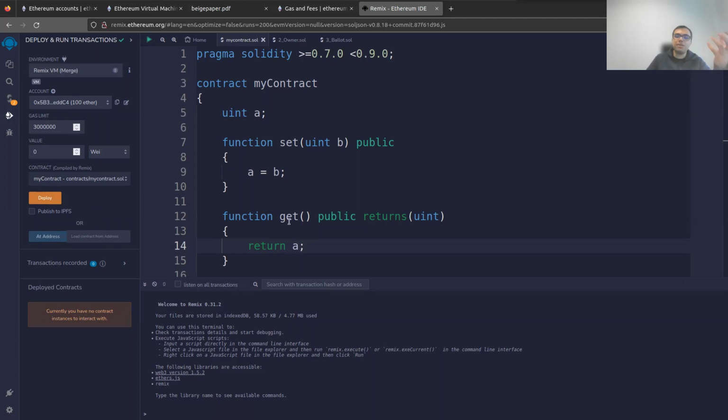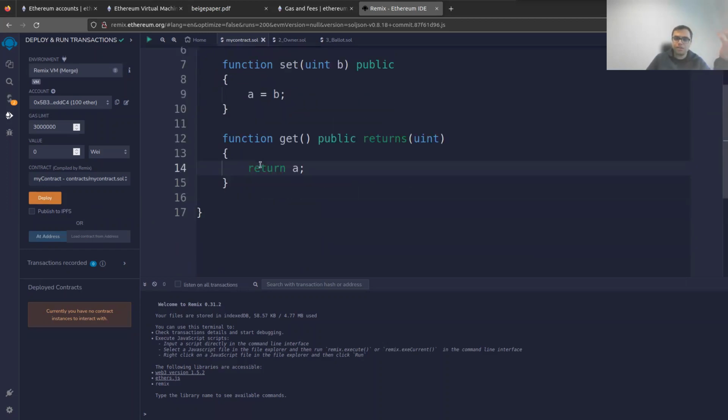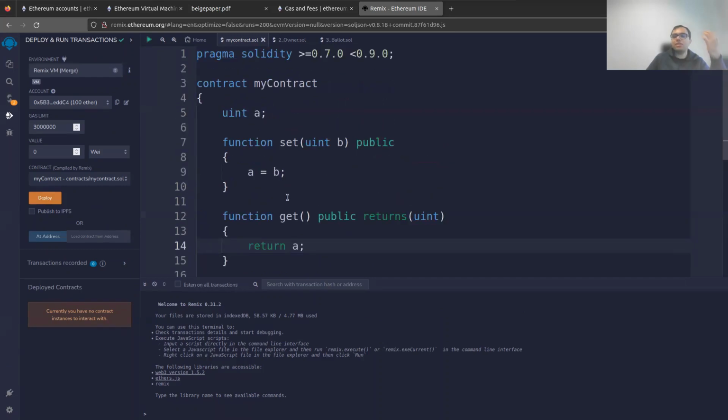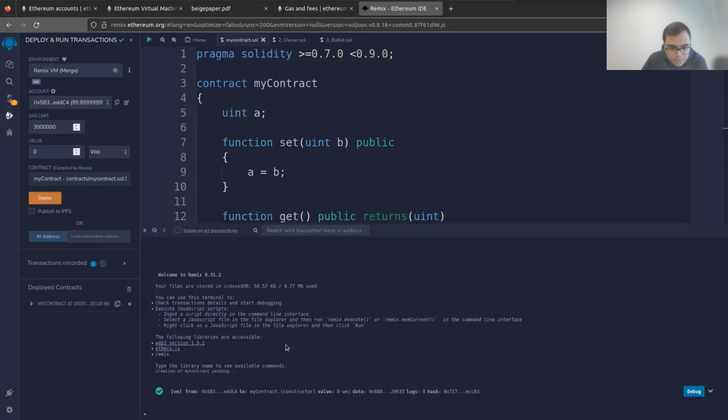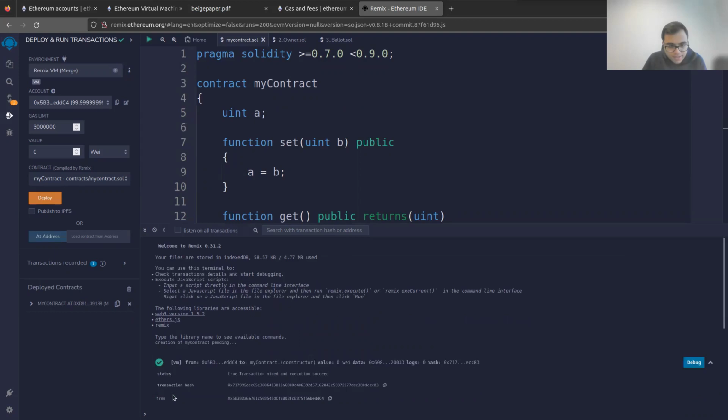At that point, everyone on the network has the bytecode of this contract, and that code is not changeable anymore. It's immutable from that point. So let's create that transaction. I deployed it. Now, here in the log, you can see what's happening. This means that it was a transaction that succeeded.